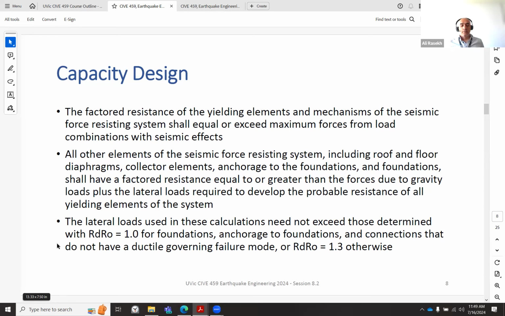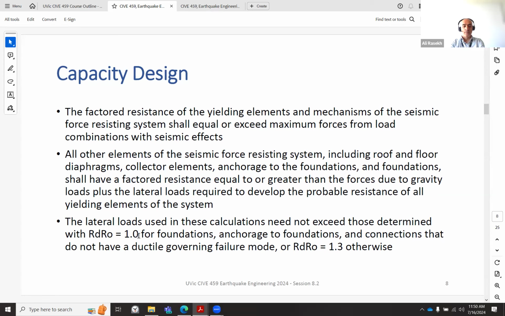As we said, we do capacity protection, which means that we design the non-ductile members for a greater load than what we get from, say, the structural analysis. However, we don't need to go to the extreme. The upper limit for increasing the load is having no ductility and no reduction factor. So we don't need to exceed that upper limit.